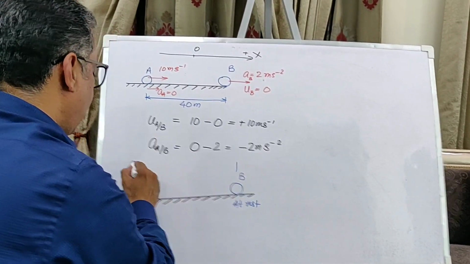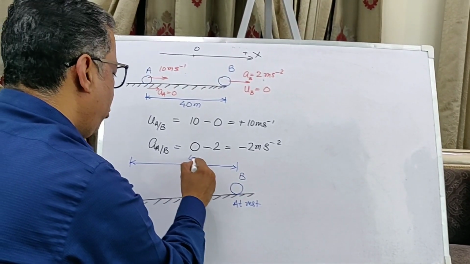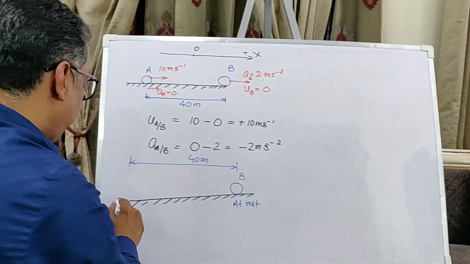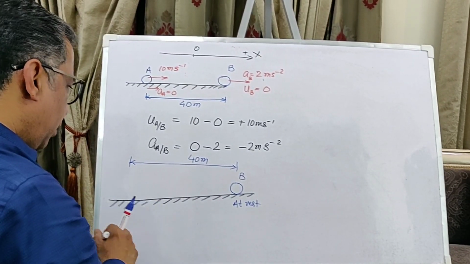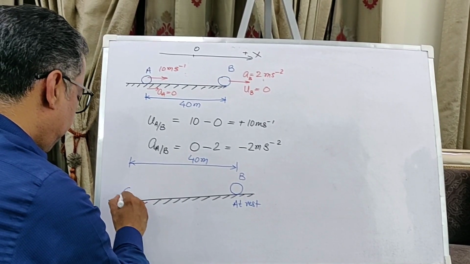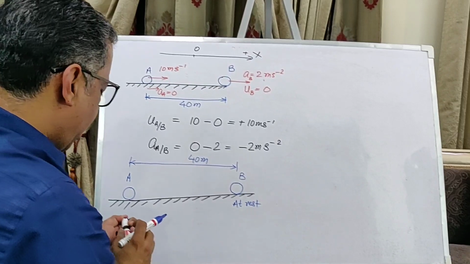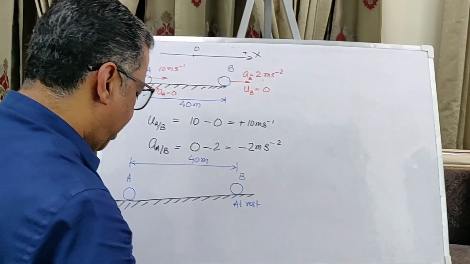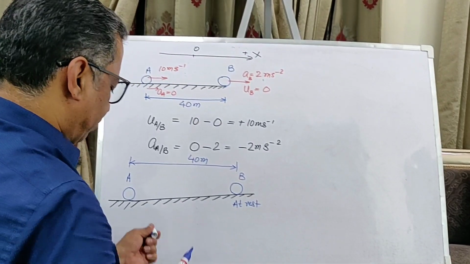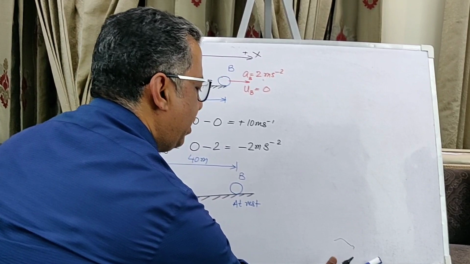Initially A is 40 meter away and is moving towards B, and the velocity with which it is moving towards B is known to us already.